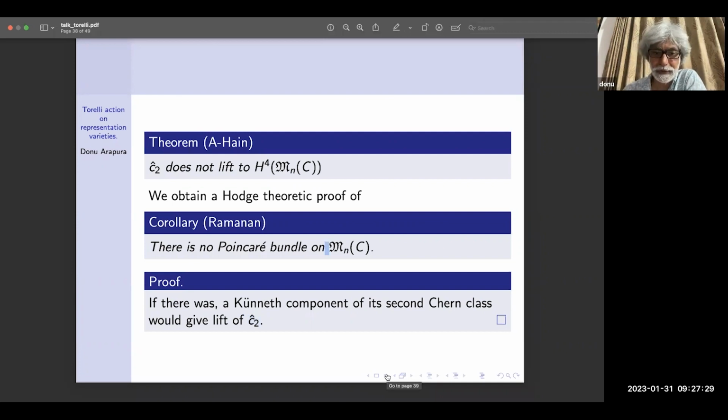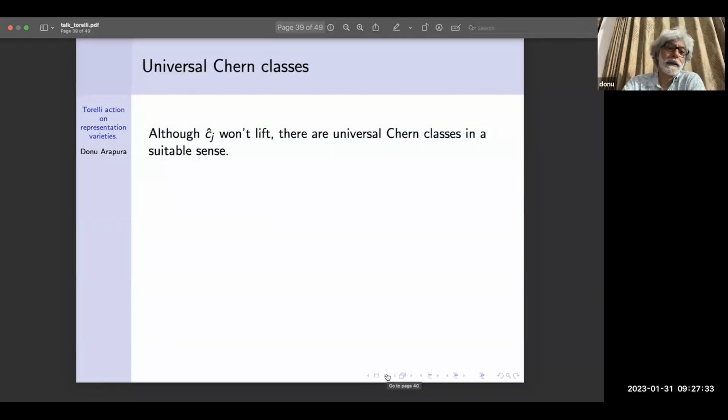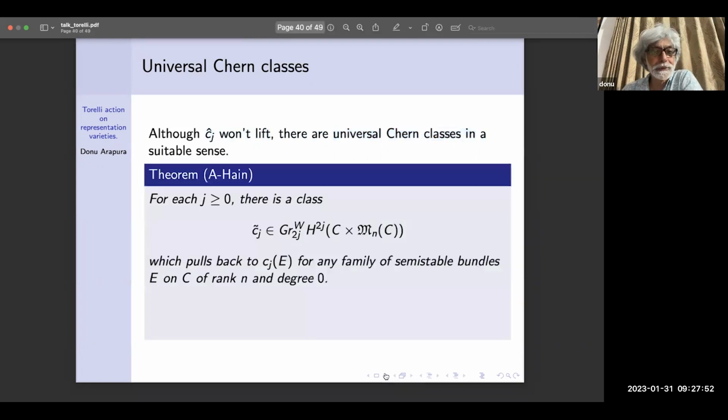All right. So, although CJ hat won't lift, there is a sense in which there are universal Chern classes, and I think this is actually kind of an interesting story. I think I can jump into the statement right now.